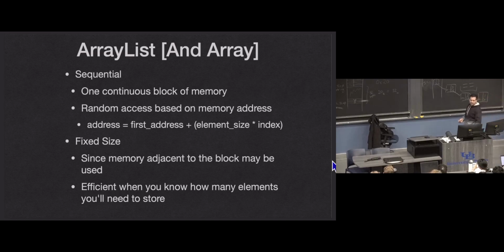This is fixed size. Since all of the memory is one continuous block for an array, we cannot resize an array, because if we're trying to add an element to the end, that memory address is a very specific place in memory, and it might already be used by another program or another value in our program. So we cannot change the size.